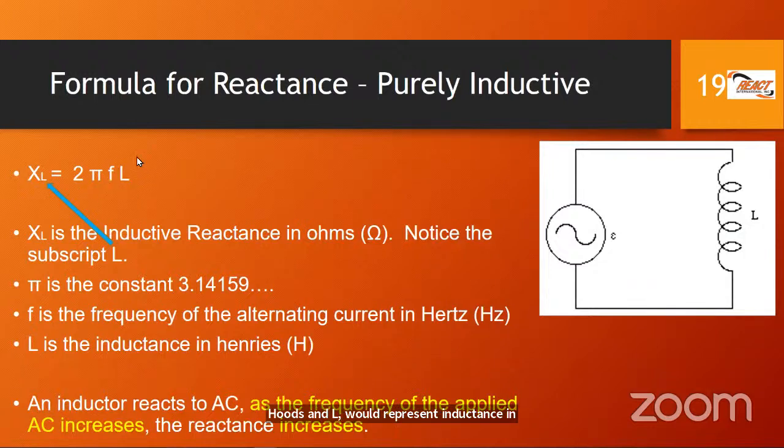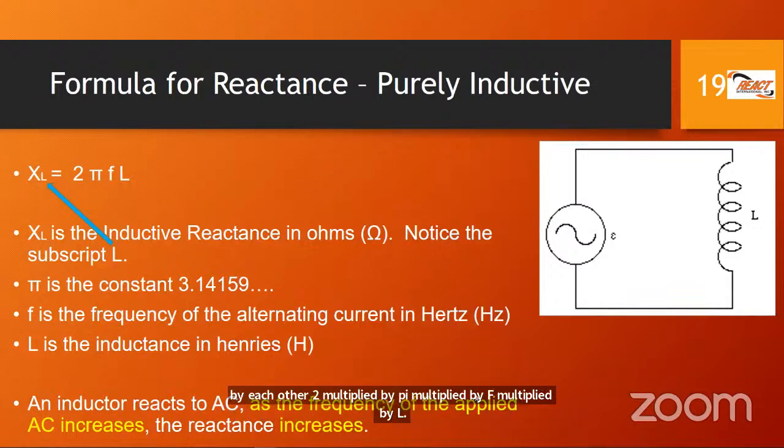So anytime you see a formula like this, XL is equal to 2 pi FL, it means XL, which is what you're trying to work out, reactance, is equal to 2 multiplied by pi, multiplied by frequency, multiplied by L for inductance. We don't have the multiplication sign in there. We could have easily put a dot, or a multiplication sign. However, it's understood that when we have a formula like this, these terms are multiplied by each other: 2 multiplied by pi, multiplied by F, multiplied by L.